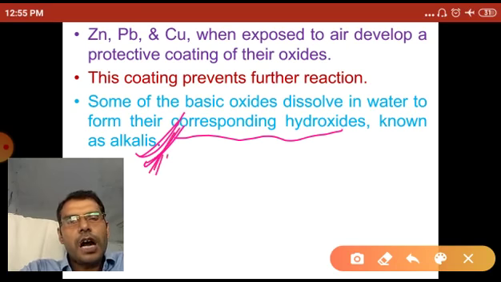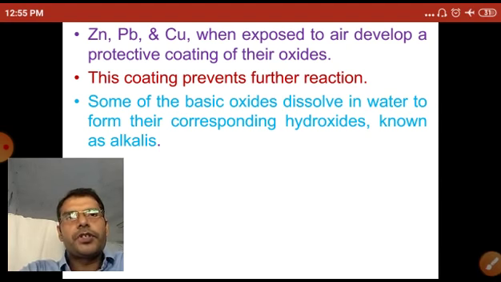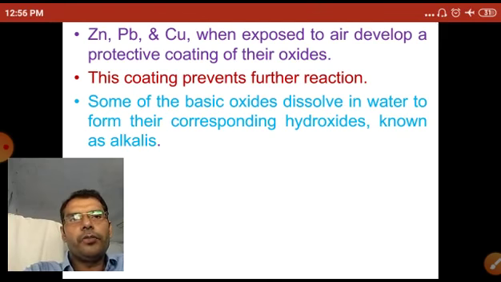So alkalis are those bases which have the property to dissolve in water. So basic oxides form hydroxides in water, and these are called alkali.